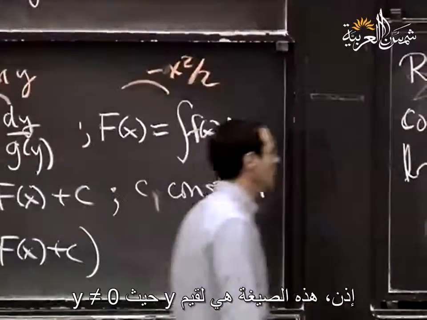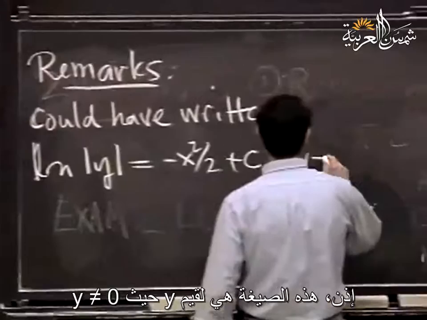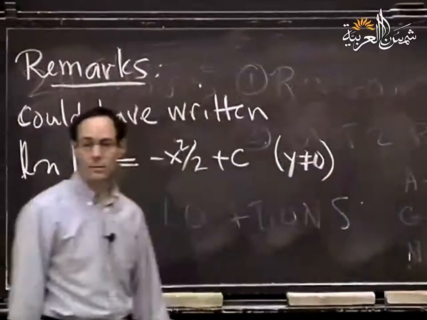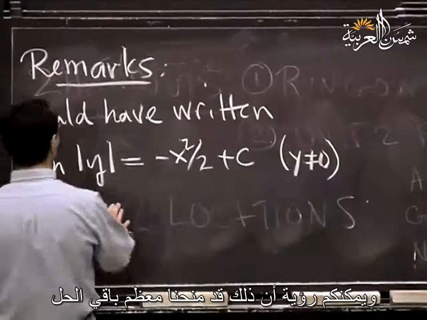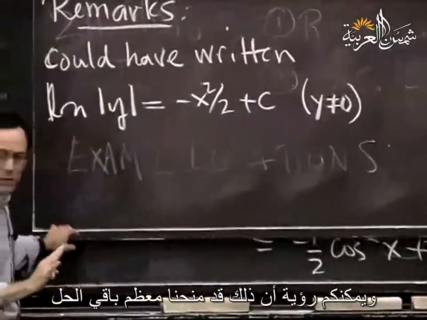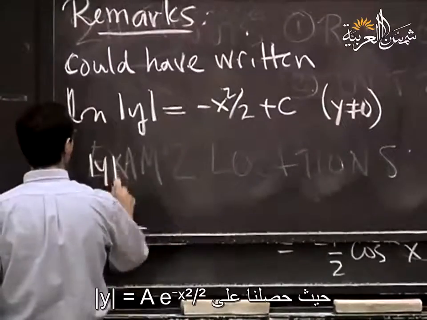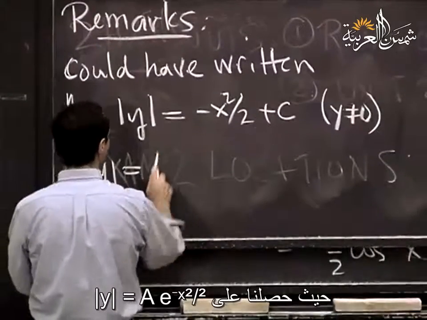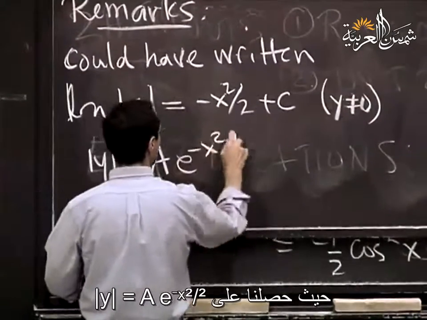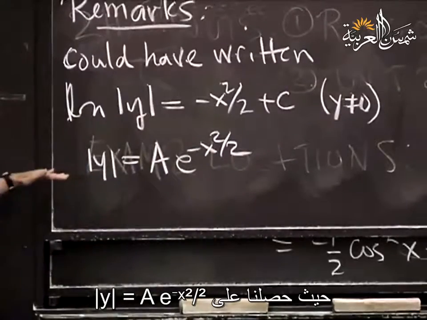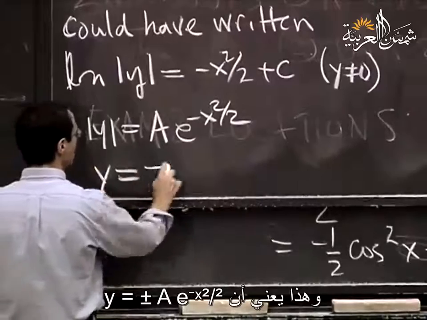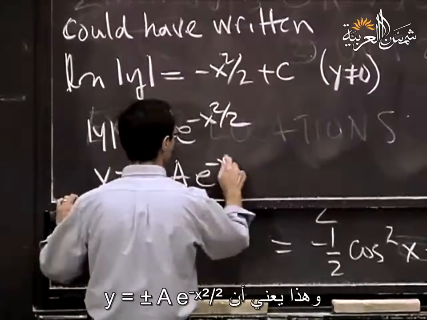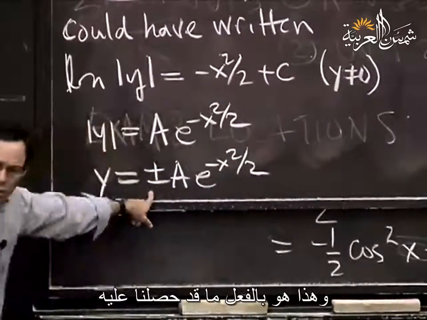So this would work for y not equal to 0, both for positive and negative values. And you can see that that would have captured most of the rest of the solution. Namely, absolute y would be equal to a e to the minus x squared over 2 by the same reasoning as before. And then that would mean that y was equal to plus or minus a e to the minus x squared over 2, which is really just what we got.